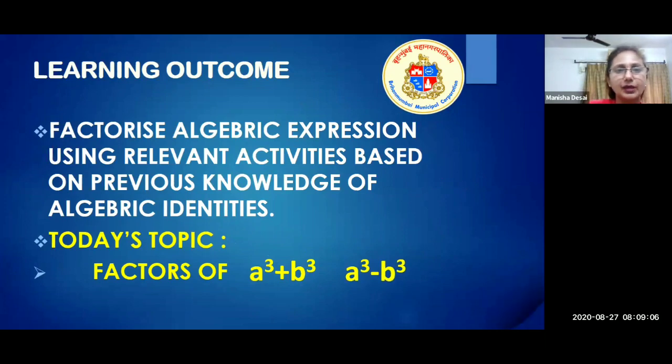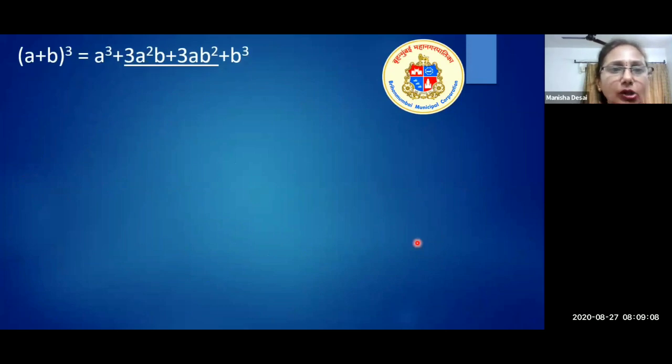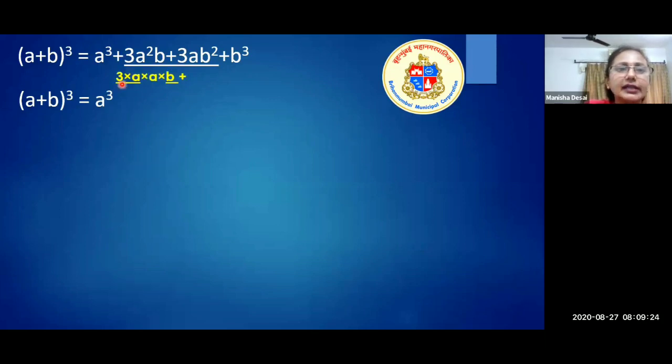As we know, a plus b the whole cube is equal to a cube plus 3a square b plus 3ab square plus b cube. Here 3a square b can be written as 3 into a into a into b, and 3ab square can be written as 3 into a into b into b.